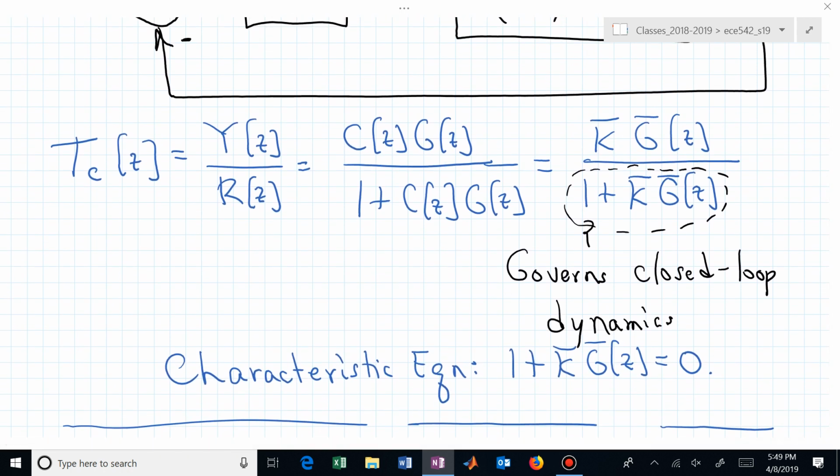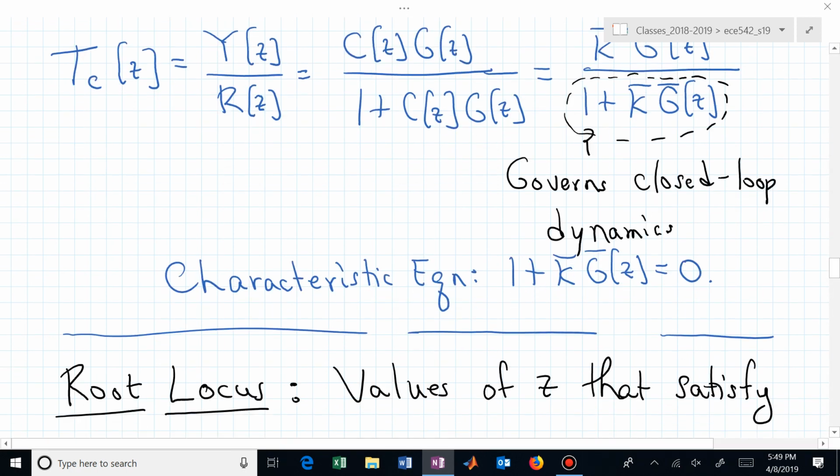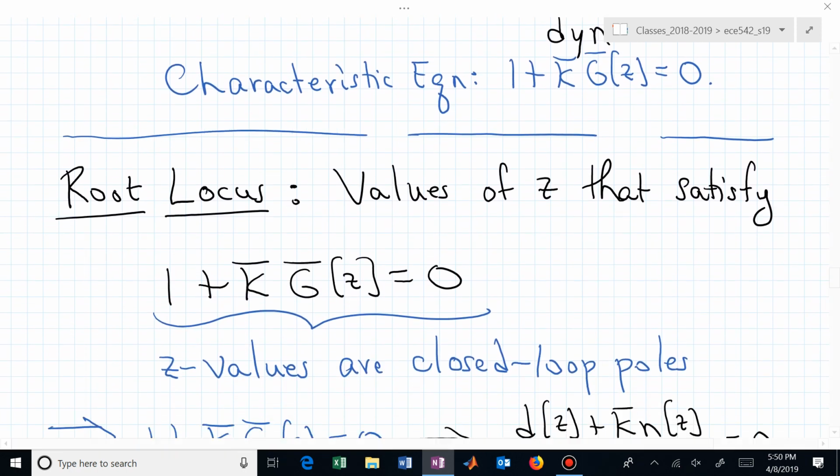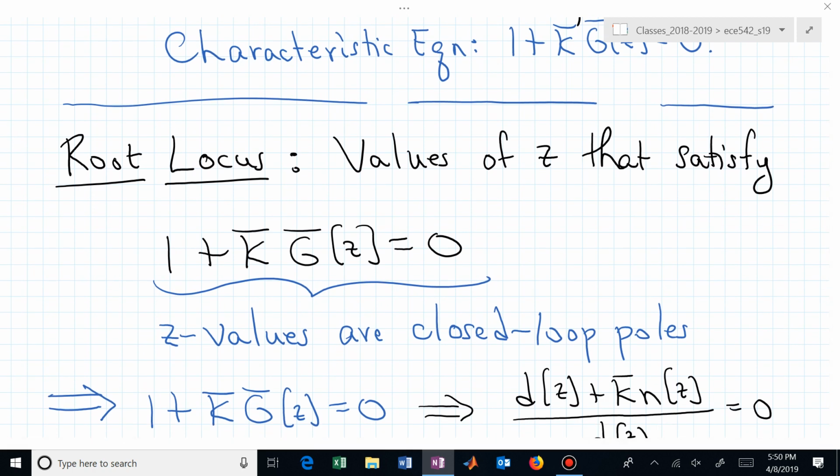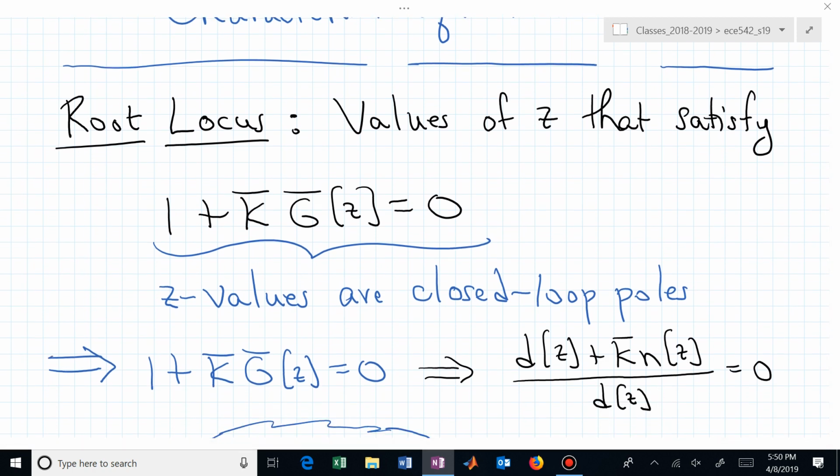Again, we have this characteristic equation that we're playing with. Now we're looking at 1 plus K bar G bar of Z equal to 0. That's the same structure that we've had all along when we've talked about a root locus.